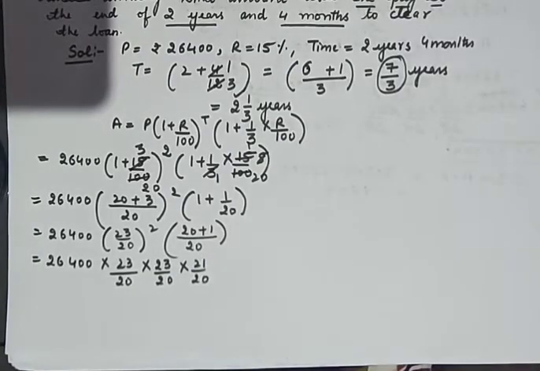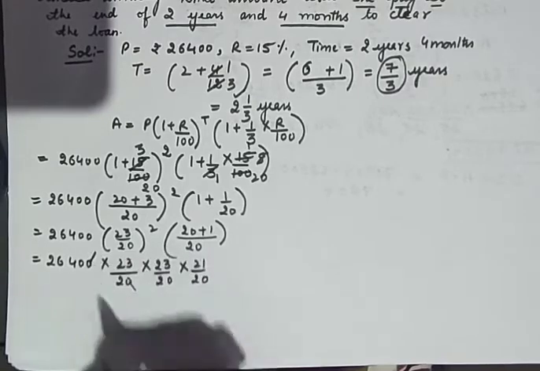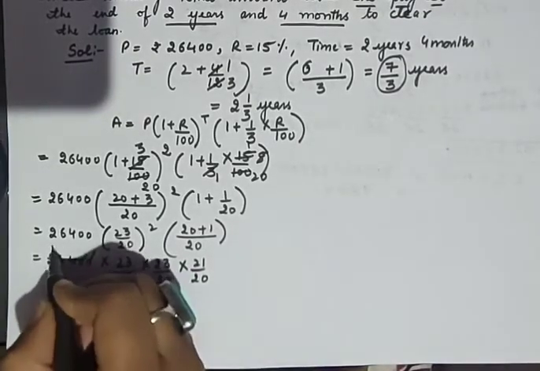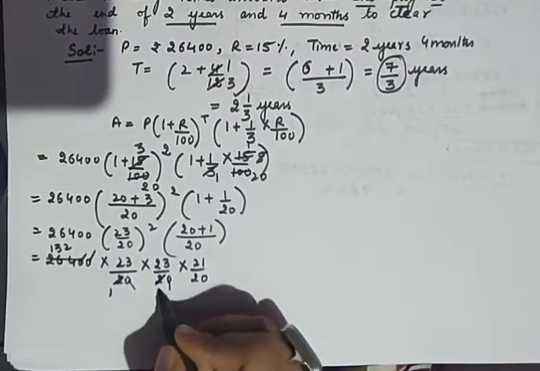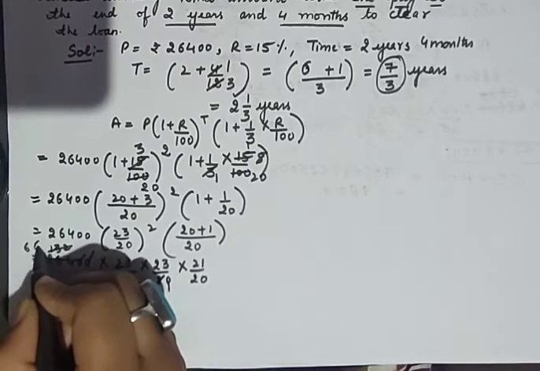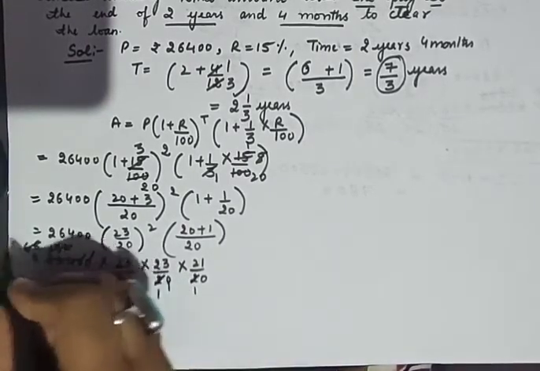Got this? Now students, let's cancel. This 0 and this 0 will be cancelled. This 0 and this 0 will be cancelled. Again let's cancel: 2 ones are 2, 2 6s are 12, and 6 here. Again, so it is 33 here.